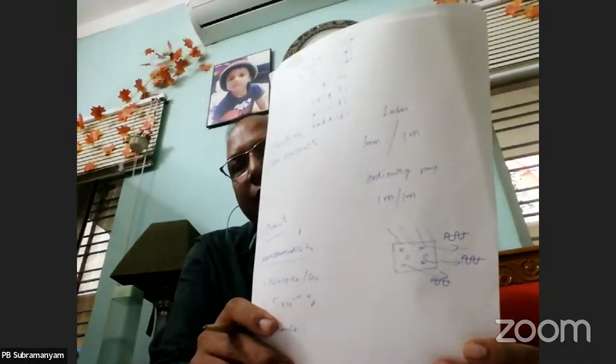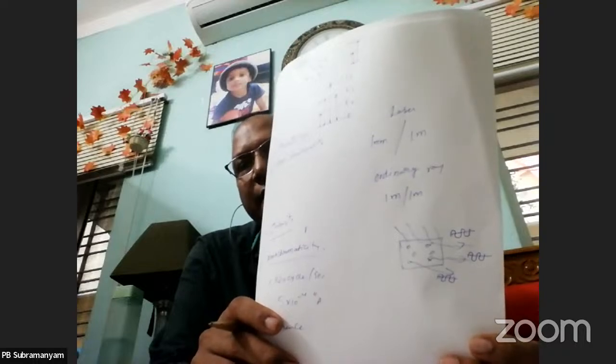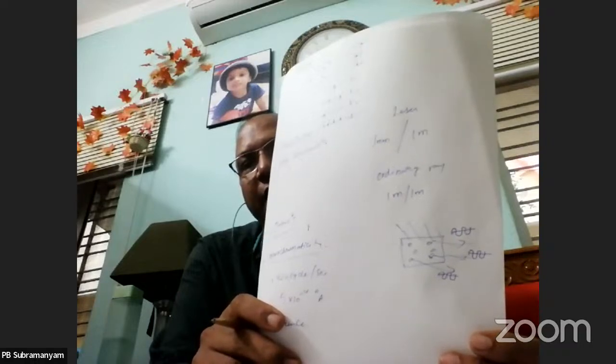If you see the diagram, wave one has crest, trough, crest, trough. Wave 2 also has crest, trough, crest, trough. Wave 3 also has crest, trough, crest, trough. So all these waves are emanating from different places within the substance. Mind this, the waves are coming out from different places within the substance. That is the laser beam.